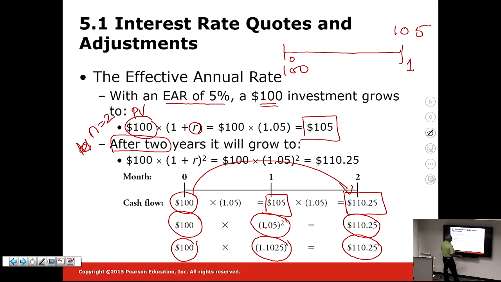Where do I get 1.1025? I get it by 1.05 squared, which is 1.1025. So I could have gotten from here to there. So effectively, the interest rate over my 2 years is 10.25%, which is based on an effective annual interest rate of 5%.